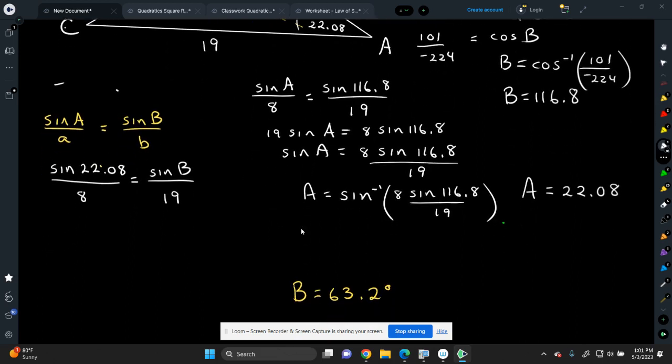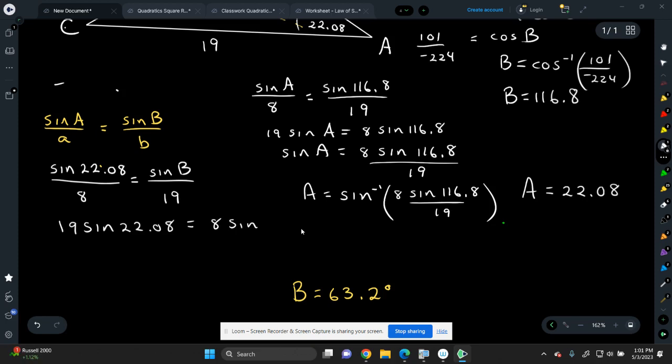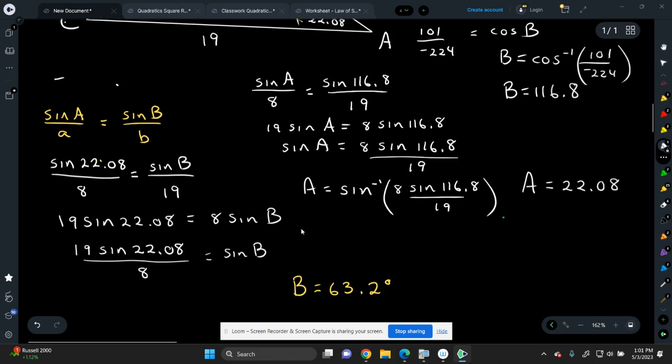Okay, so 19 sine 22.08 equals 8 sine B. So we're going to divide by 8, so we get 19 sine 22.08 divided by 8 equals sine B. Okay, so we're going to take the inverse sine of that.